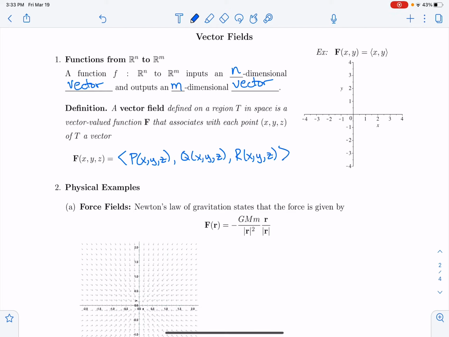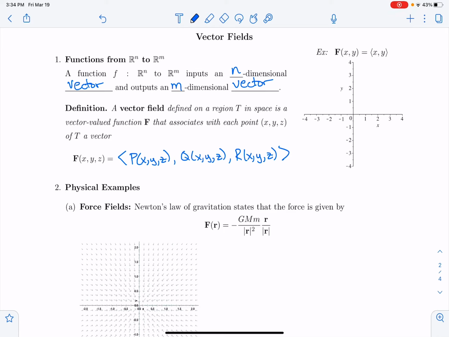So here we're going to input a vector in R3, and then we're also going to output a vector where the first component, p, is a function of x, y, and z. The second component of the vector, q, is a function of x, y, and z. And the third component of the vector, r, is also a function of x, y, and z.